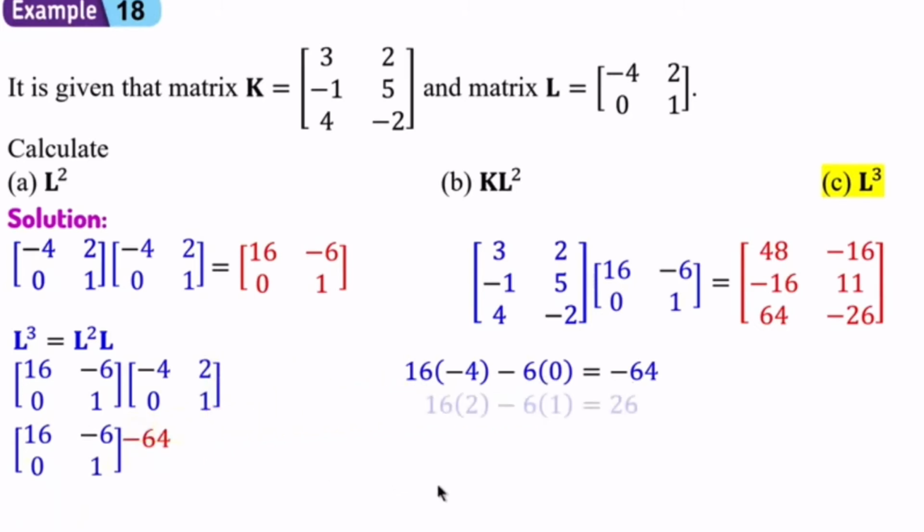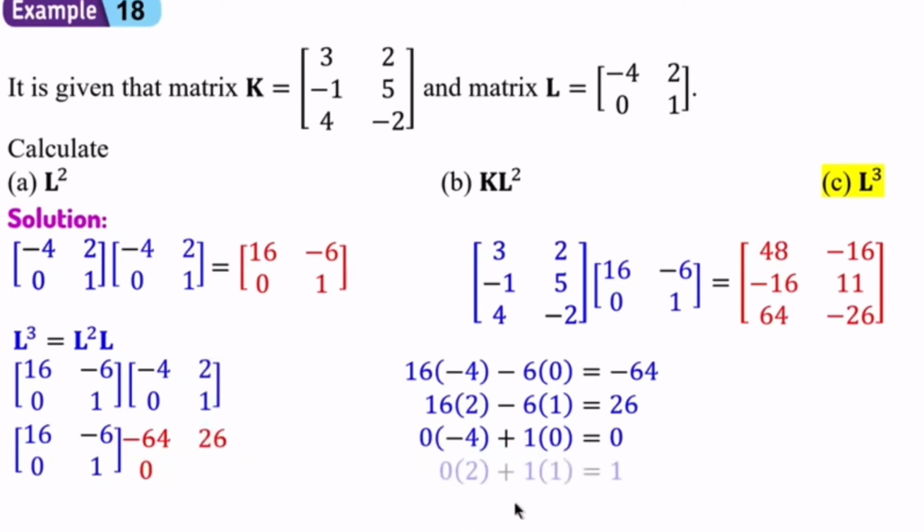Okay, so let's continue with the multiplication of the matrix. Let's do it carefully, and always highlight using different colors, and make sure you follow the order, row times with the column for the corresponding element.